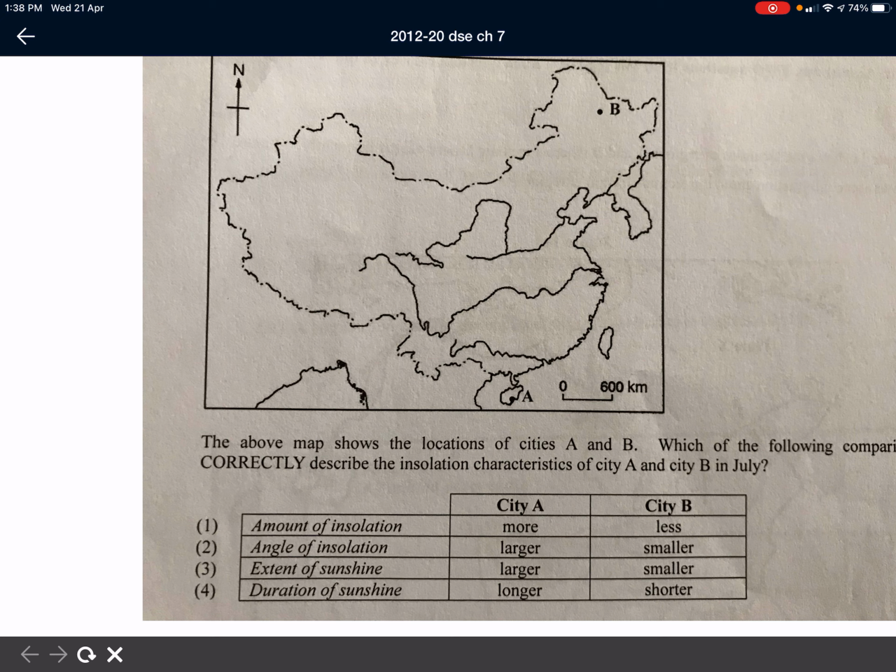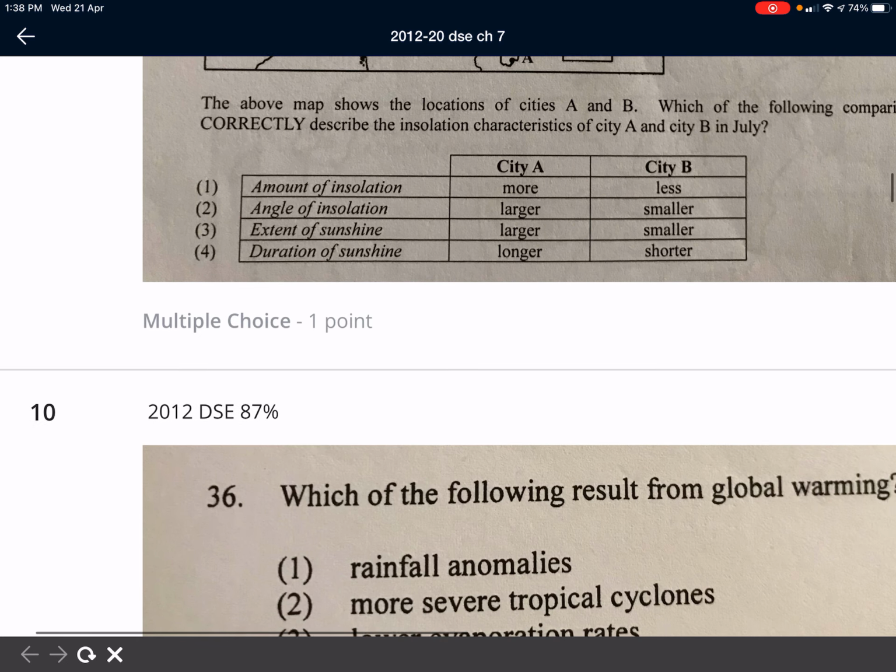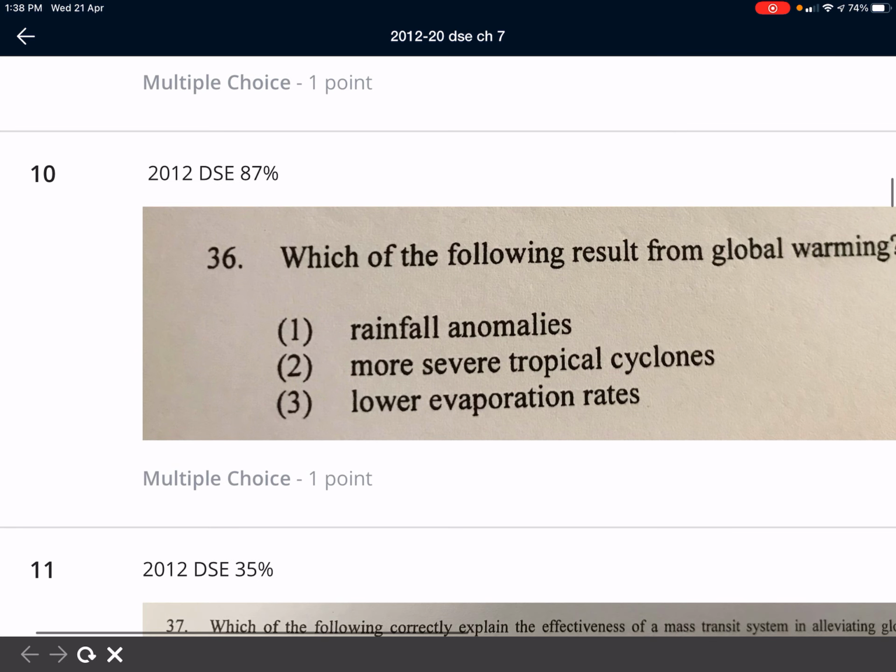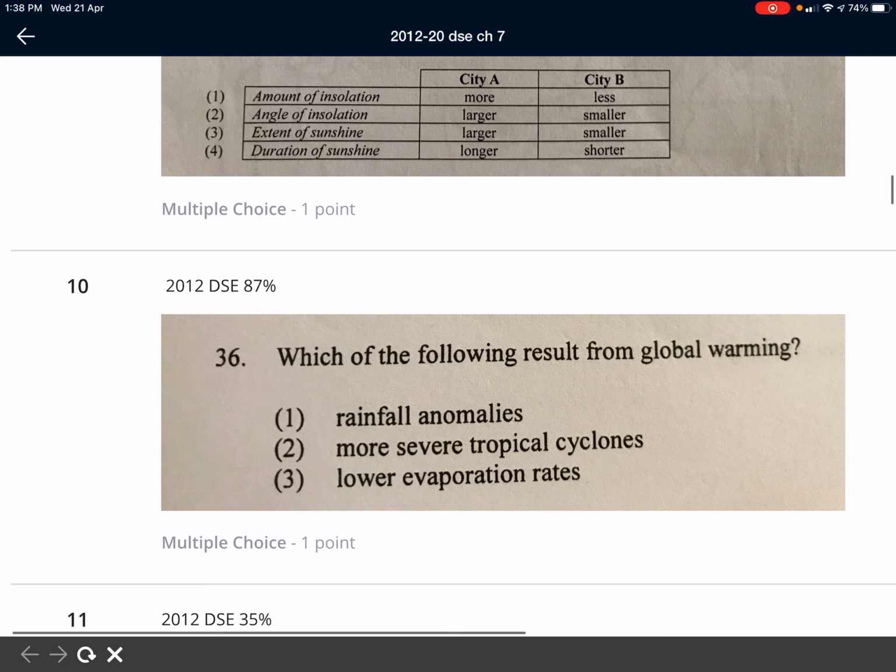If it's in the Tropic of Cancer, then city B should have a longer duration of sunshine instead of city A having a longer duration of sunshine. So number 4 is also wrong. The answer should be 1 and 2 only, which is A.